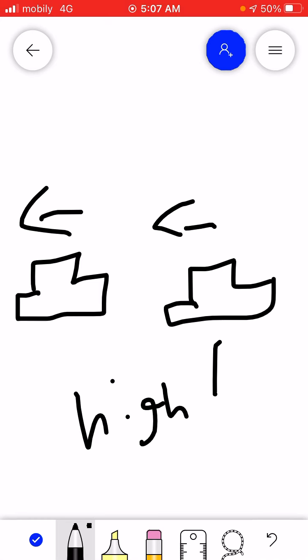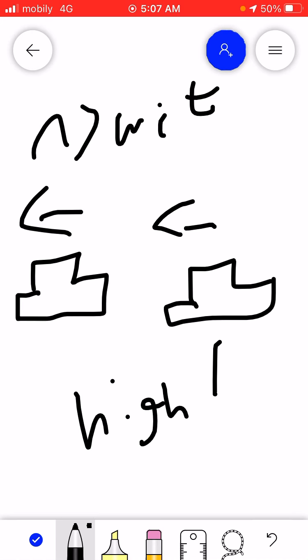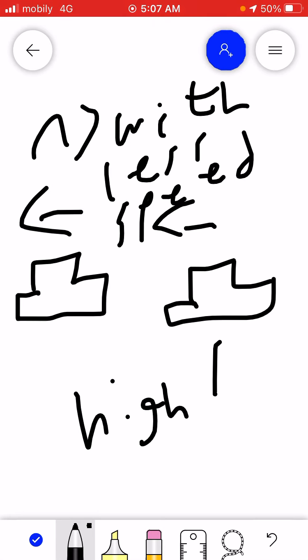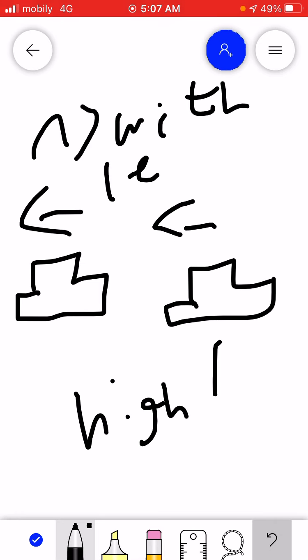Although it was going to the right, it's actually still to the right, but with less speed than the bigger car, which is this one. All right, so that will happen to the momentum. Basically, if I wanted to write it, I would write it like this.